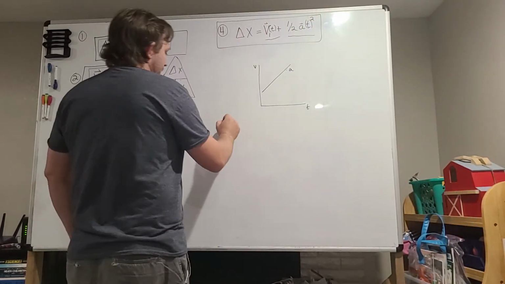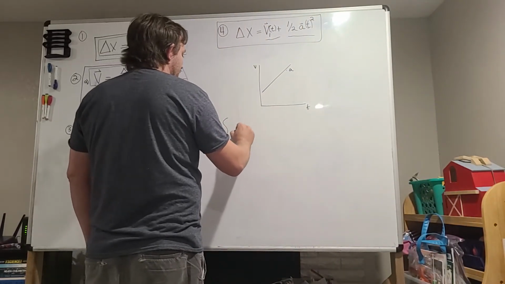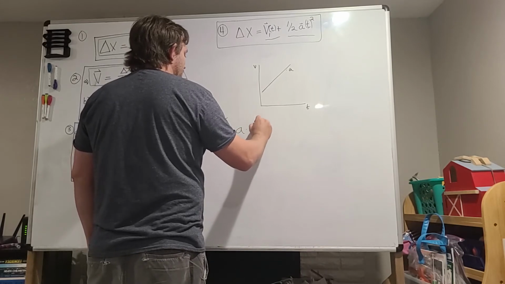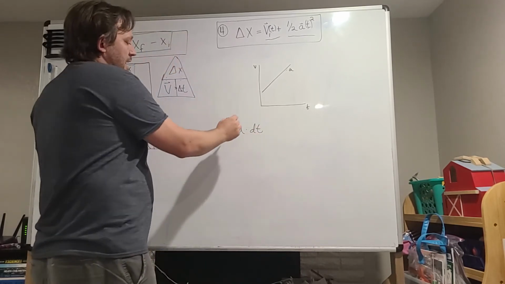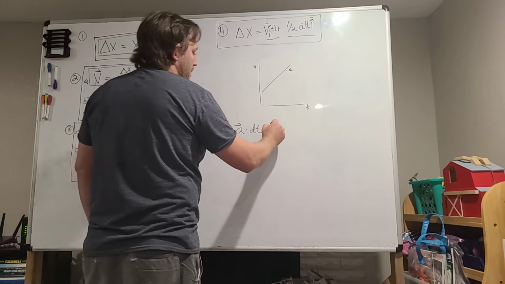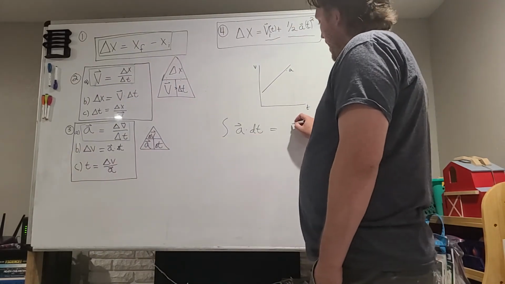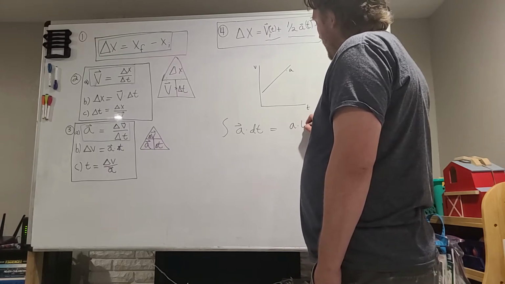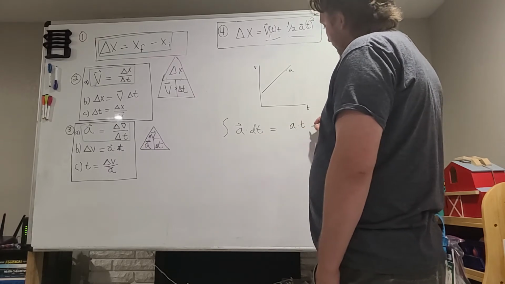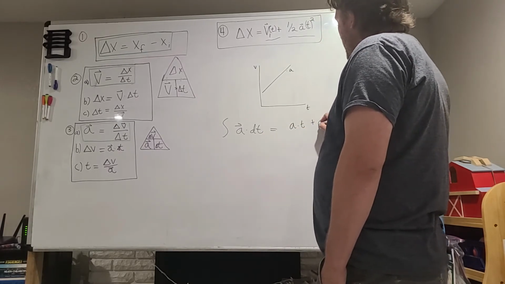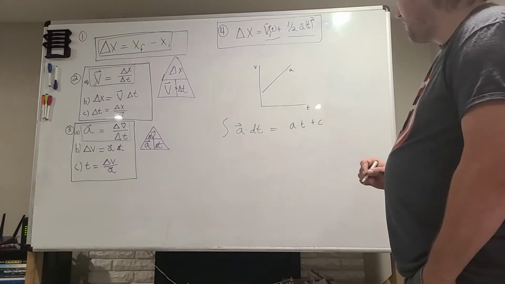So, to do that, we say the integral of acceleration with respect to time, a dt, is equal to, well, you probably know what this is already. It's acceleration times the variable, at, plus some constant, right?